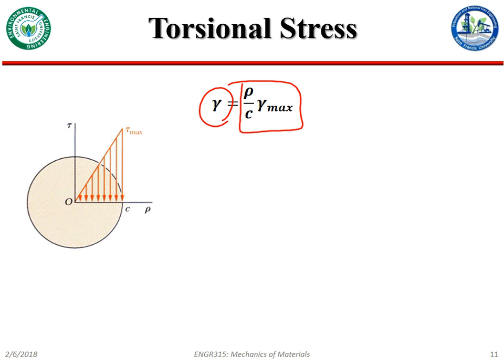So this kind of confirms our intuition. At the center, when rho equals 0, the shear stress is 0, and it'll build linearly until we get to some maximum value at the surface of the cylinder.